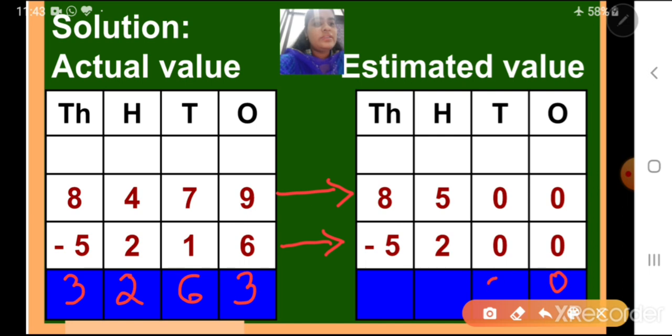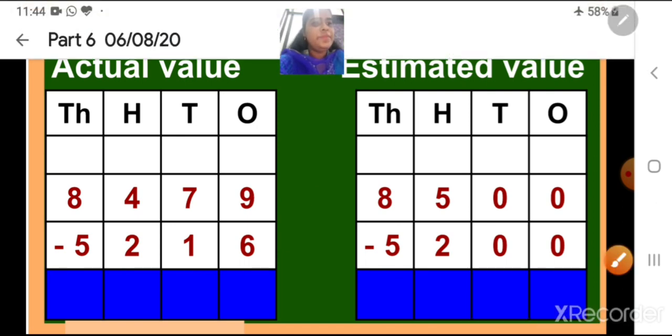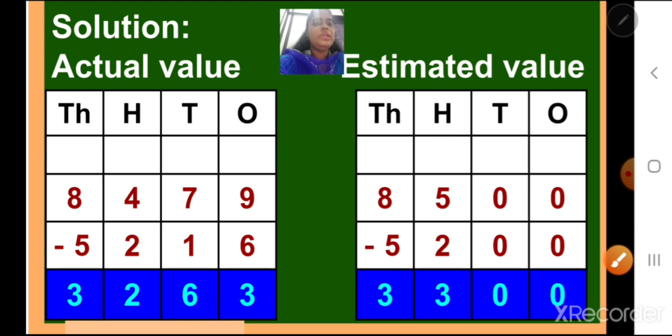Again 0 minus 0 is 0. 5 minus 2 is 3. And 8 minus 5 is 3. Children, here you can see the actual value is 3263 and the estimated value is 3300, which is correct. Children, please note down properly in your notebook, in your classwork.